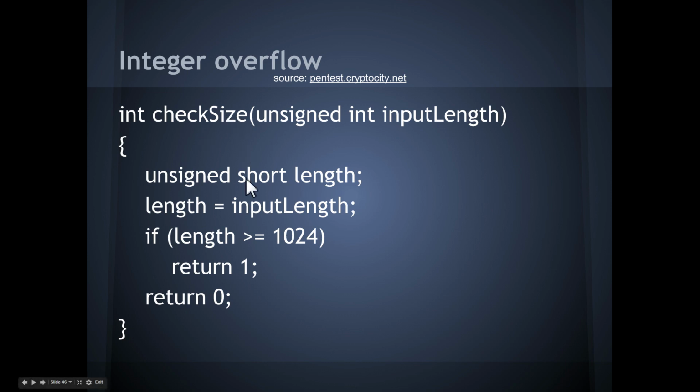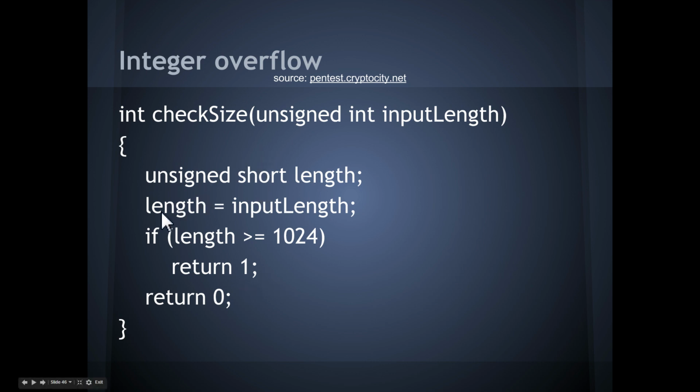So in this case, what we're taking in is an integer, and we have a temporary value that's a short, and we're putting the integer into a short, so that's truncating it. That's losing information, and perhaps we're looking for things that are greater than 1024, and if that's the case, we'll return 1.